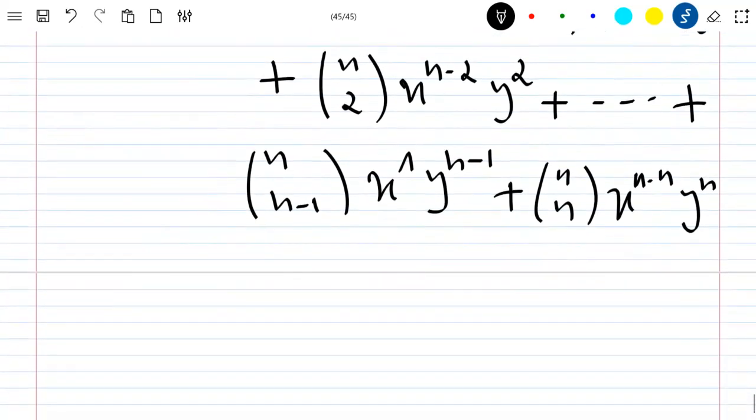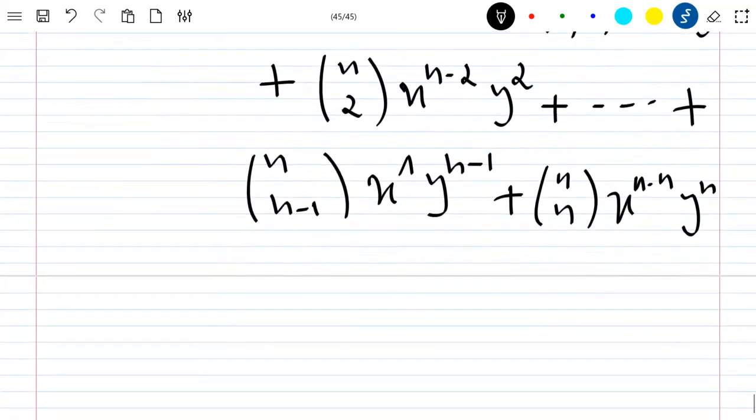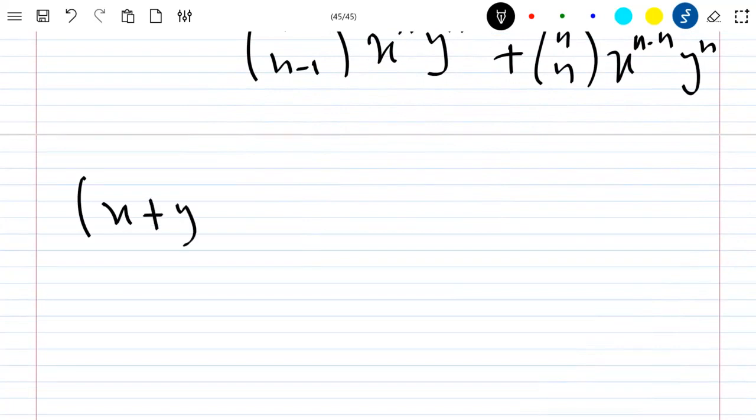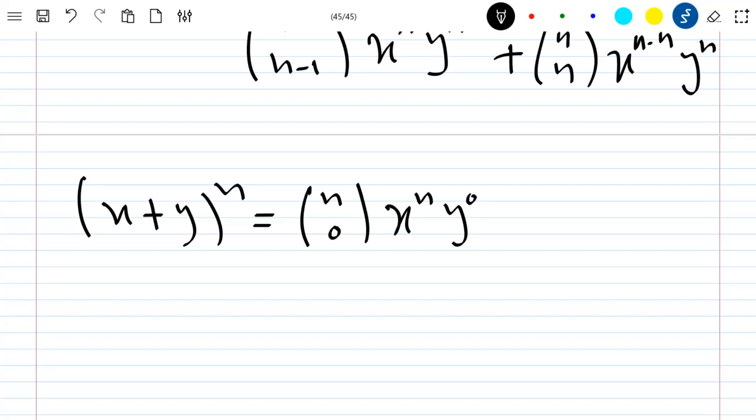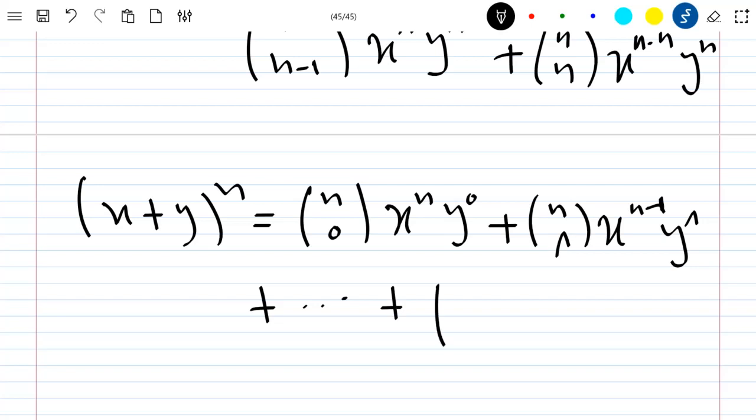So we can see that we can still rewrite this as (x plus y) power n, which is equal to n choose 0, x power n, y power 0, plus n choose 1, x power n minus 1, y power 1, plus, we continue like this and we get the final term n choose n, x power 0 and y power n.